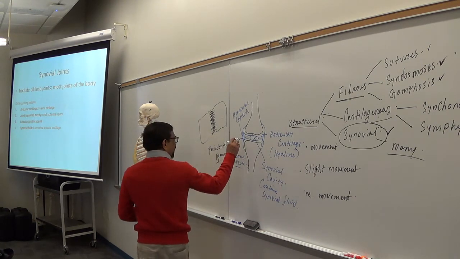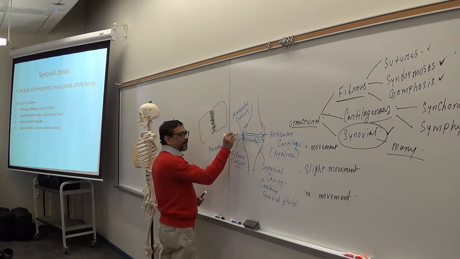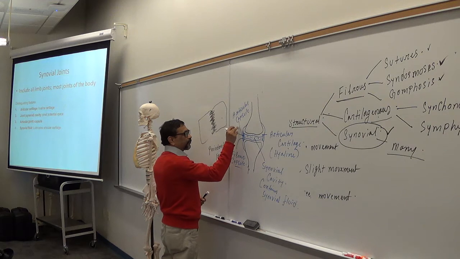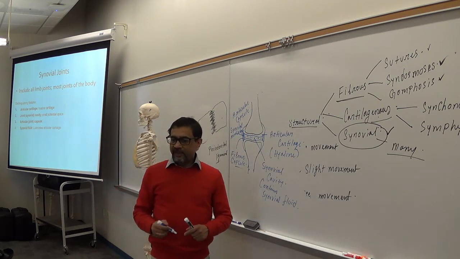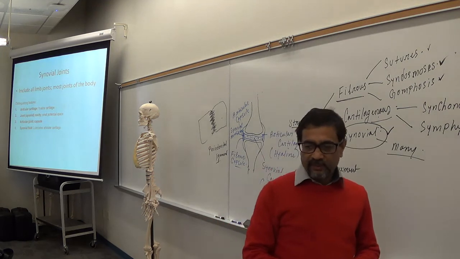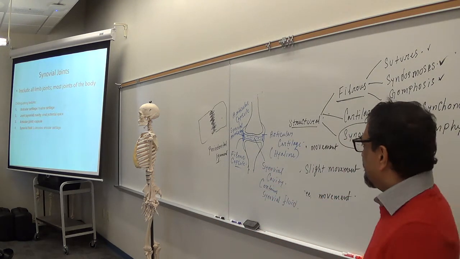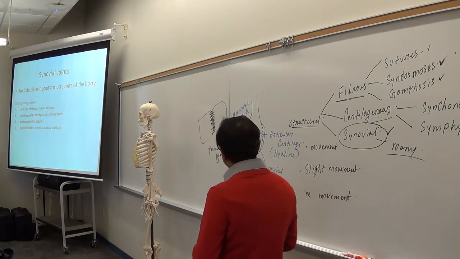And inner layer is called synovial membrane. So synovial membrane is inner and outer tough layer is fibrous capsule.